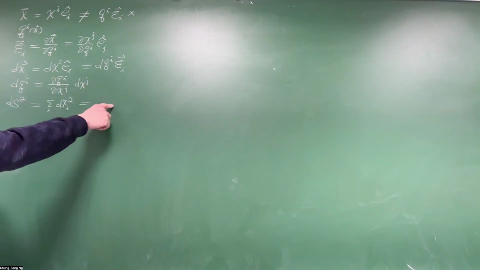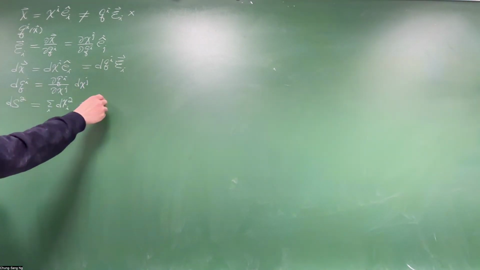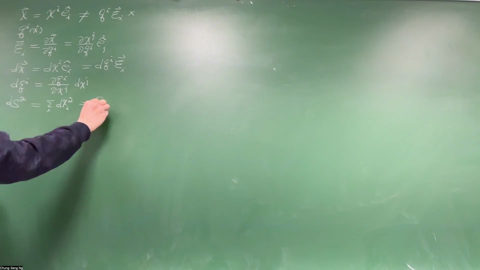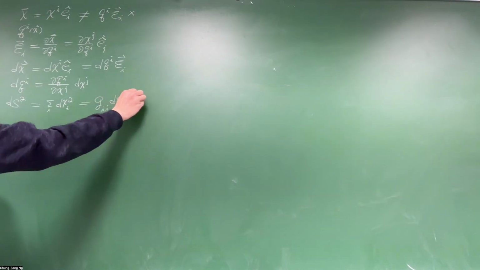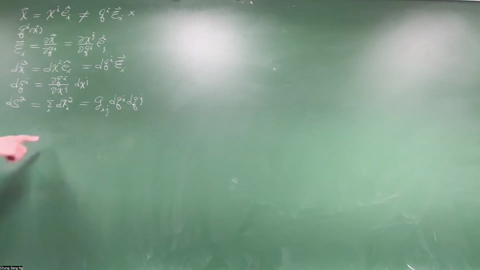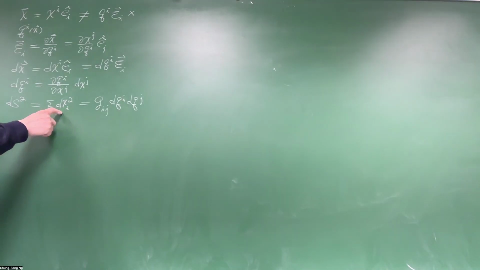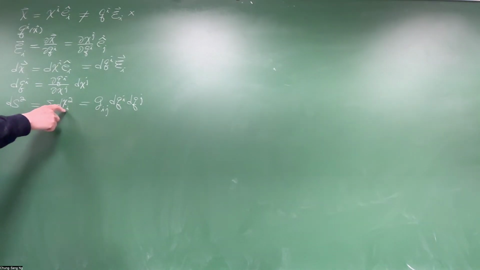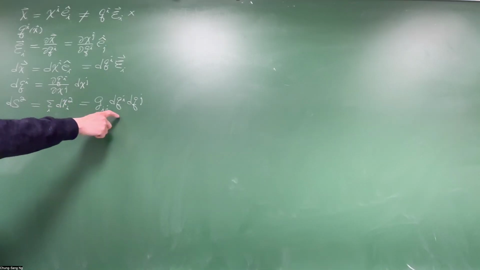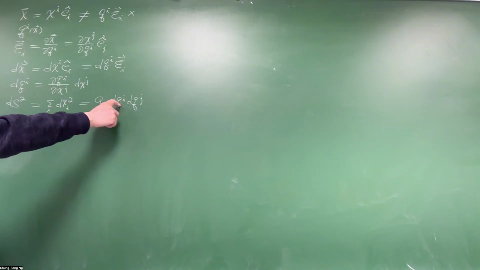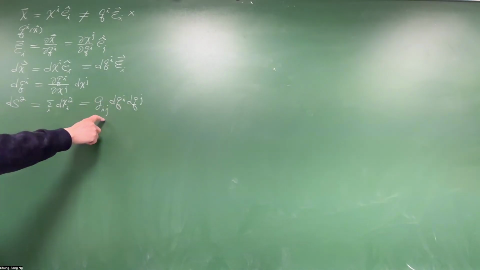And now for the new coordinate system, what we have is g_ij dq_i dq_j. For Cartesian, obviously, you just sum over three terms: dx1 squared plus dx2 squared plus dx3 squared. But this one has all the possibilities, all 9 elements, right?